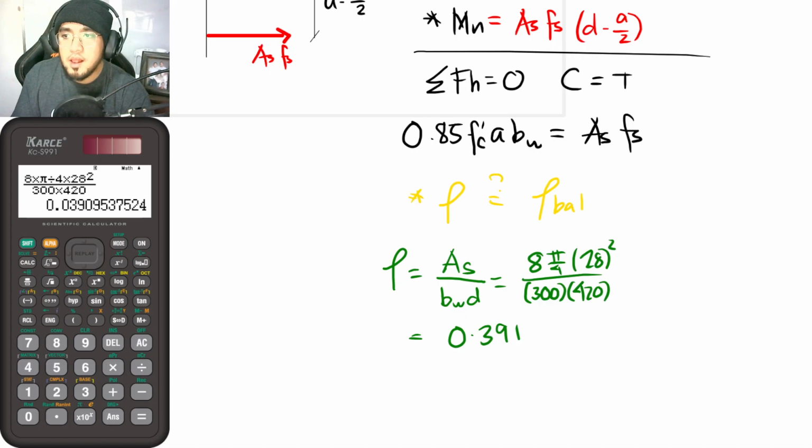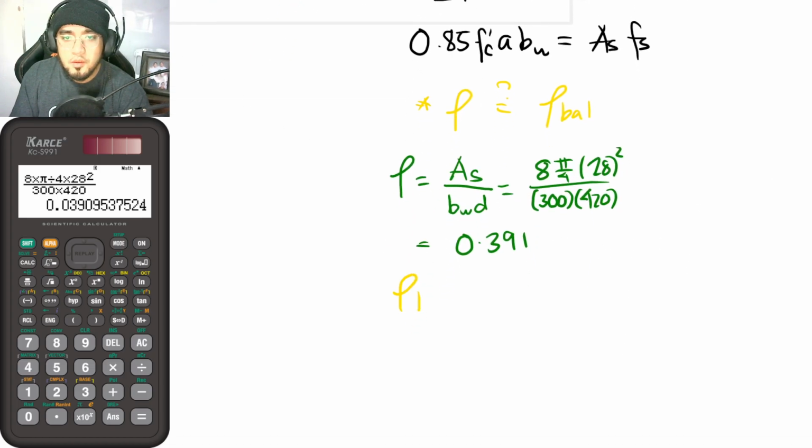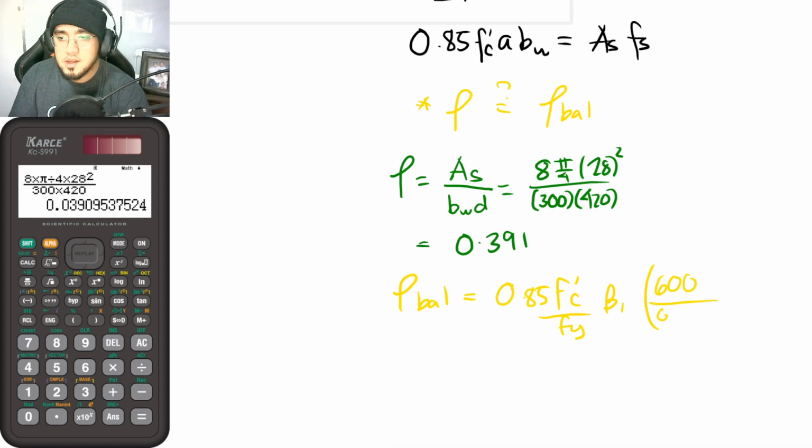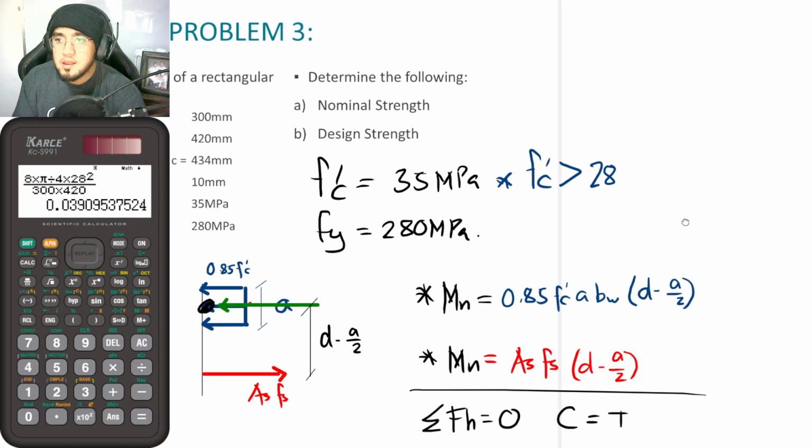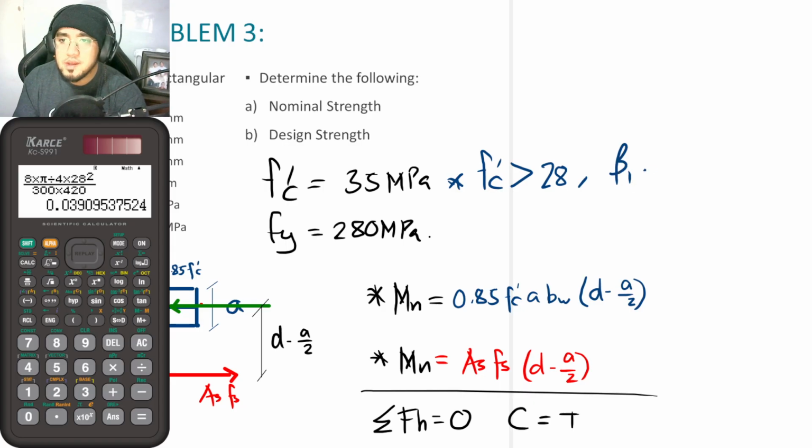So what about for rho balanced? Rho balanced is equal to 0.85 times F prime C over Fy times beta 1 times 600 over 600 plus Fy. Take note, since F prime C is now greater than 28, the value of beta 1 is not equal to 0.85.